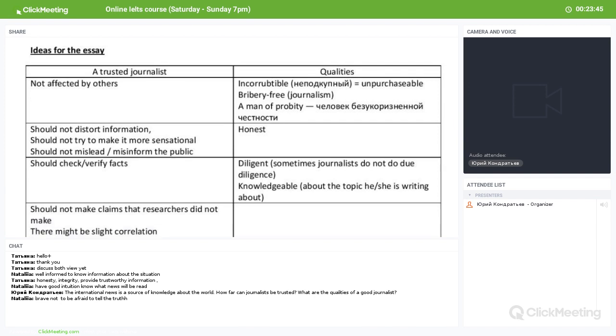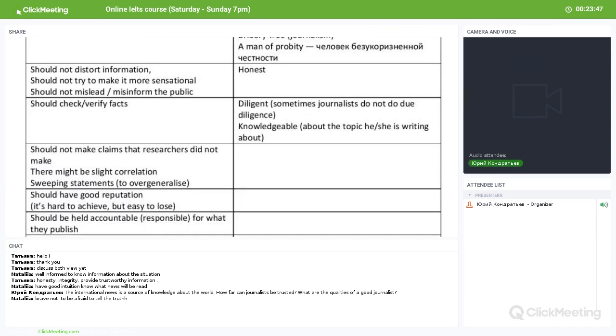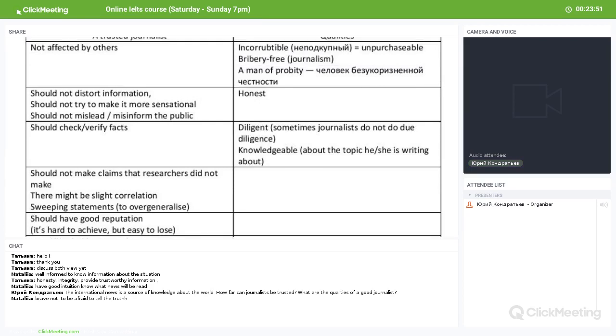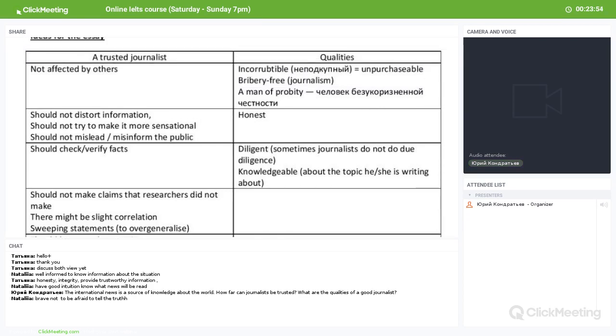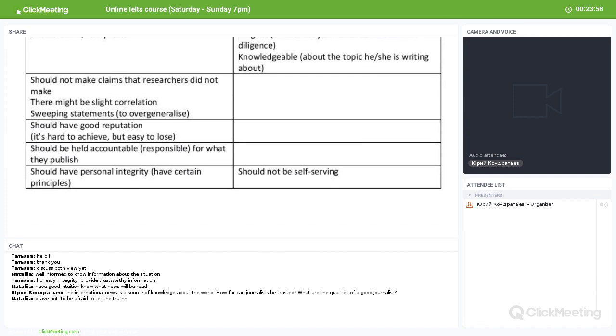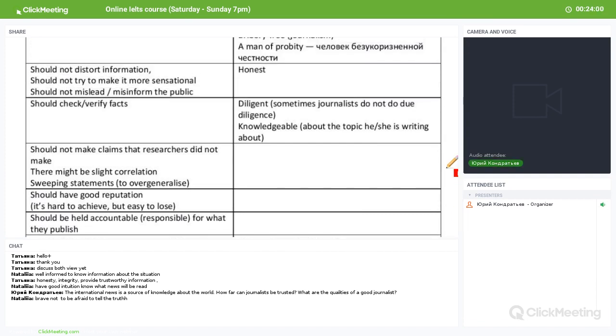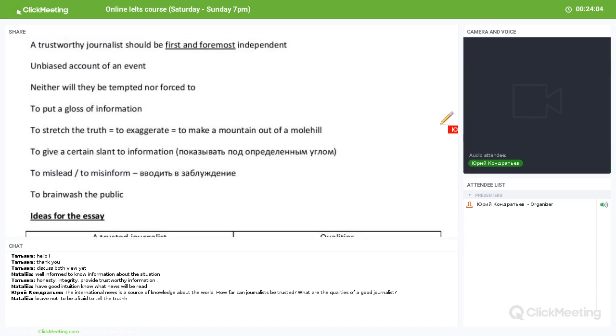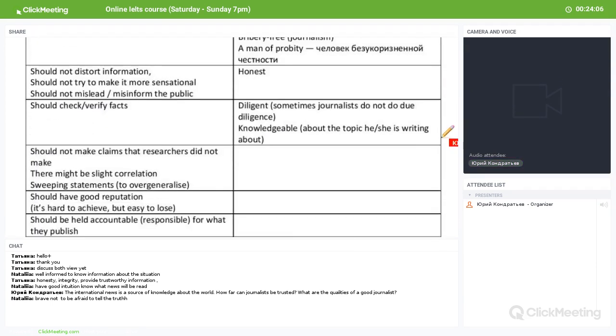So you mentioned, for instance, one example. Sometimes journalists want the headlines to sound more sensational.